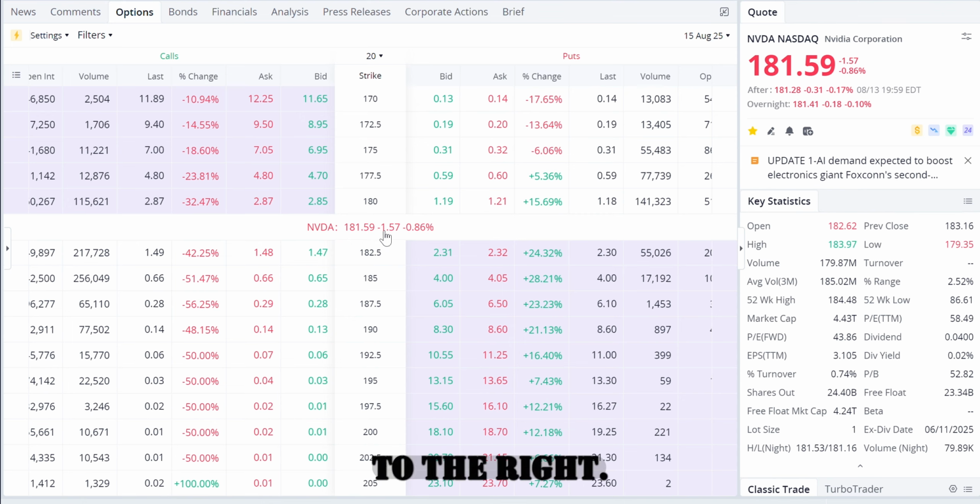To the right, NVIDIA is down $1.57 today, which equates to 0.87% of $181.59.